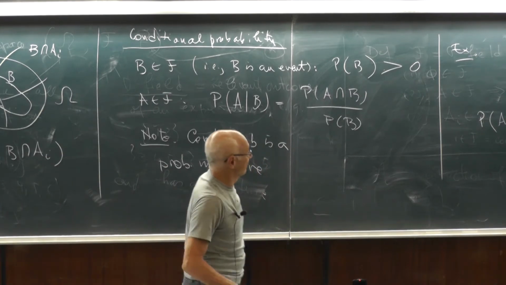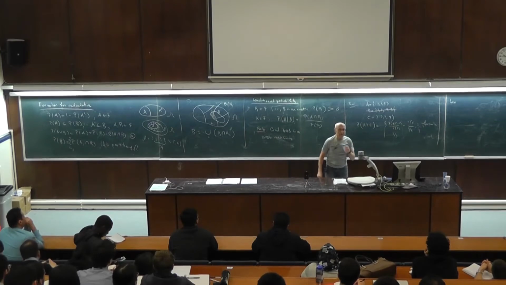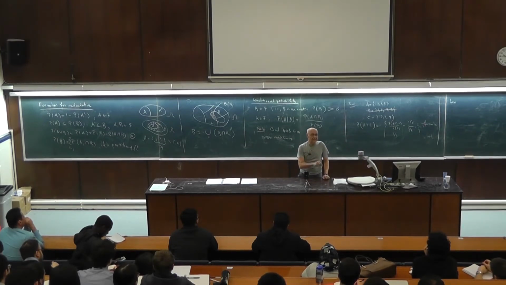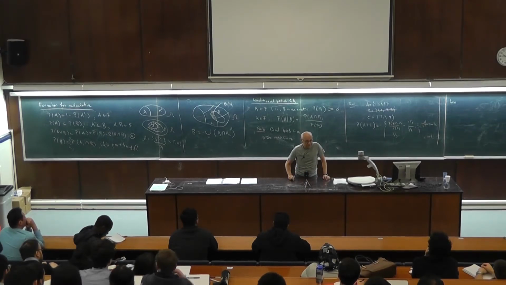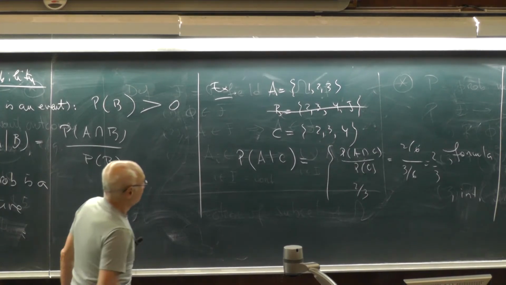Then in this example, the sigma field doesn't seem to come into play. Well, if you remember, probability is defined on sigma fields, on members of the sigma field. The concept doesn't seem to be involved when you calculate those probabilities.